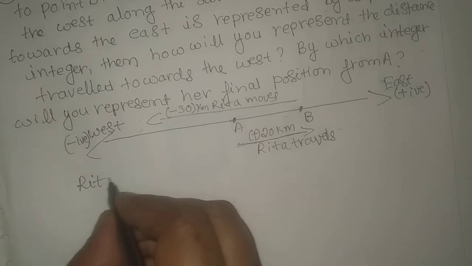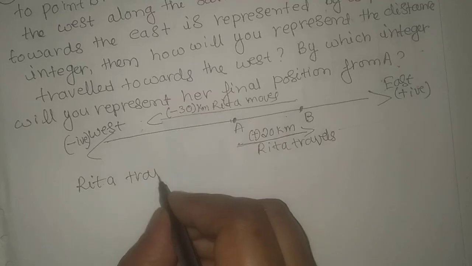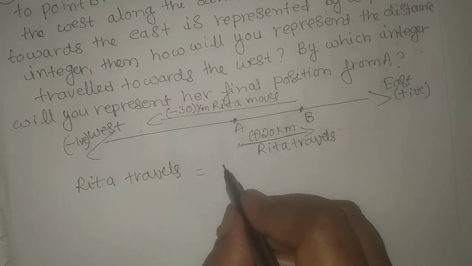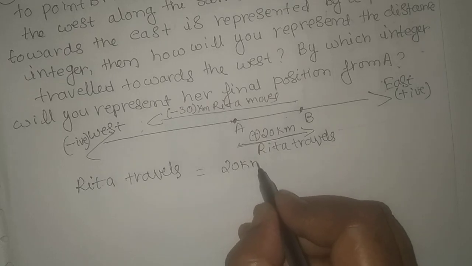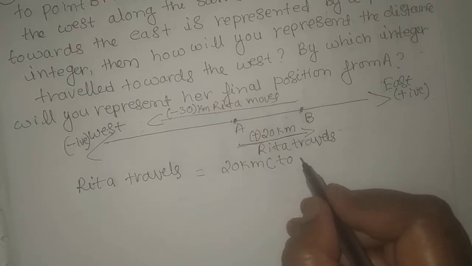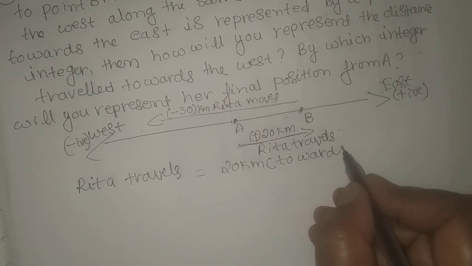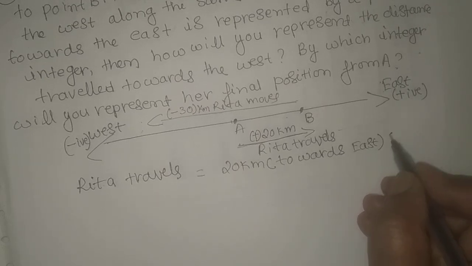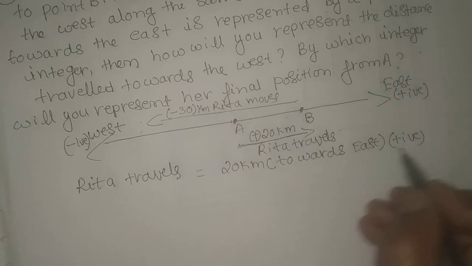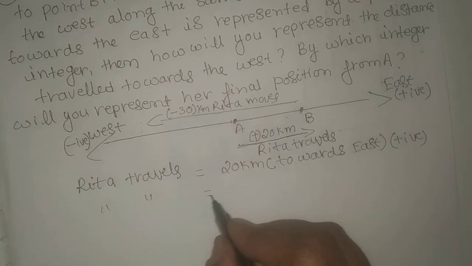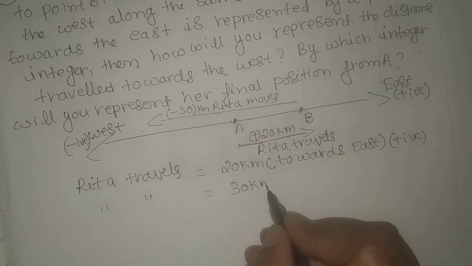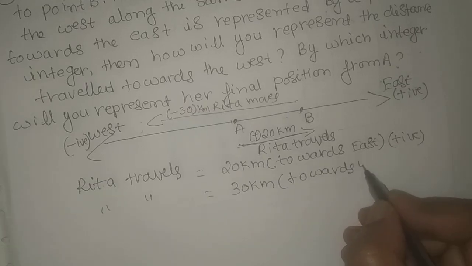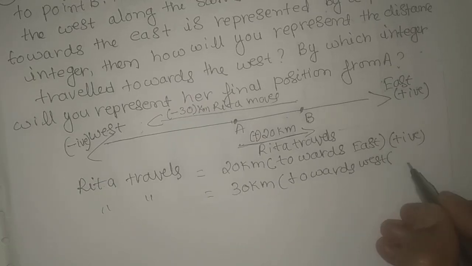Rita travels 20 kilometers towards east, which is taken as positive. Then Rita travels 30 kilometers towards west, which is taken as negative.